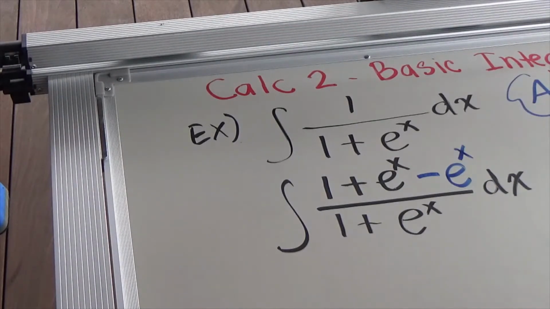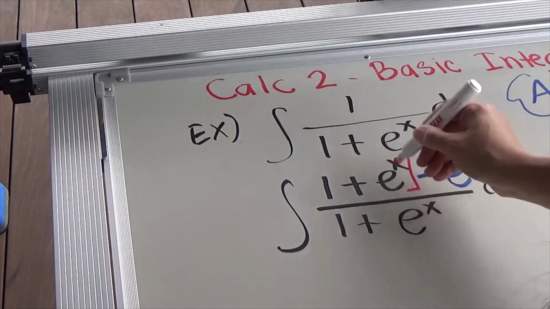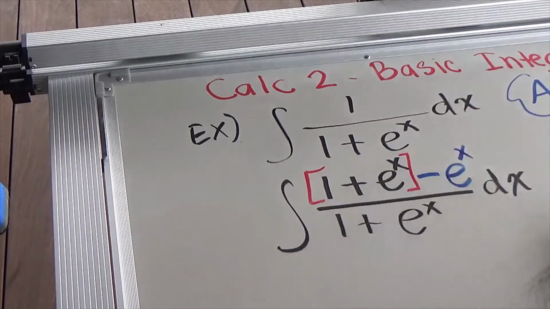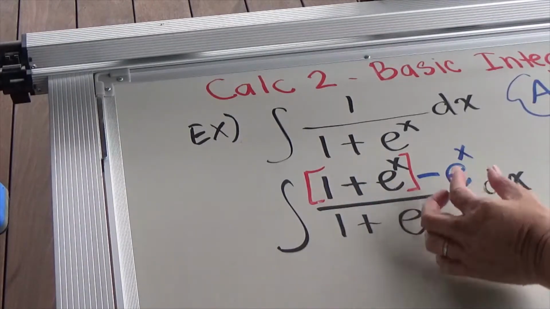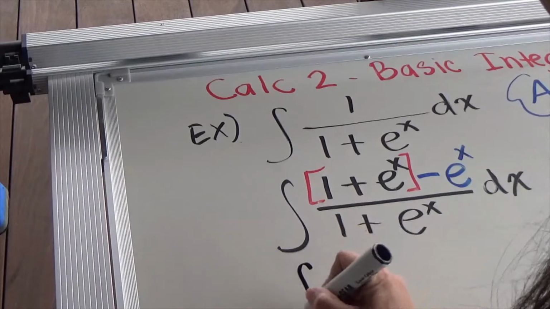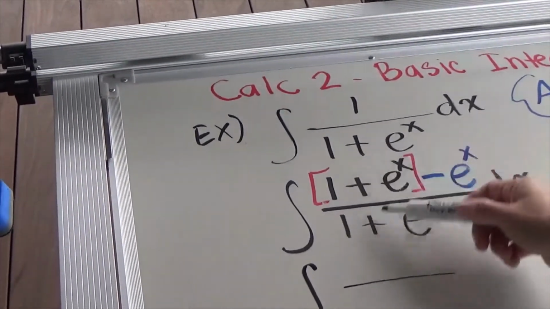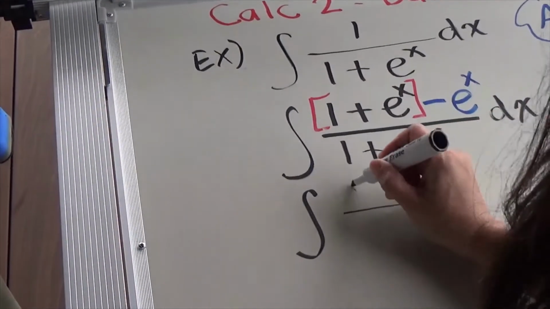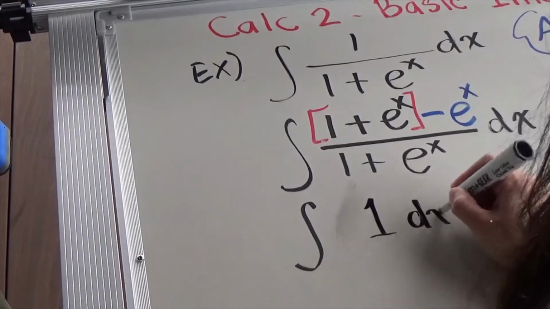Why do I want to do that? I want to do that because if you think about this part right here as one part of the numerator, and this is the second part of the numerator, I can now actually split into 2 fractions, and that would be nice because then in the first fraction, if I just have 1 plus e to the x divided by 1 plus e to the x, well, that's really just 1 dx.